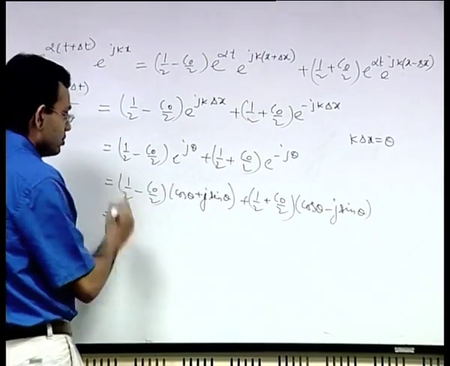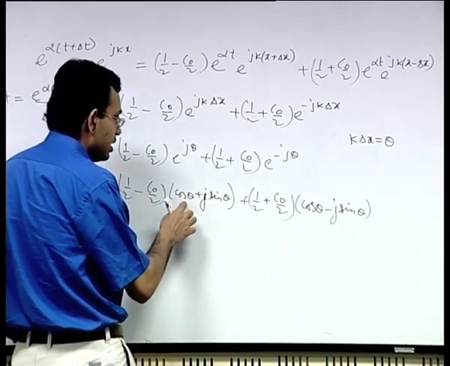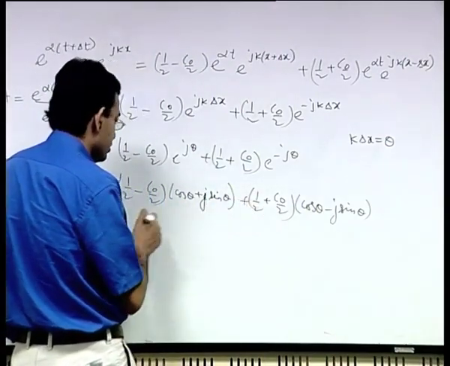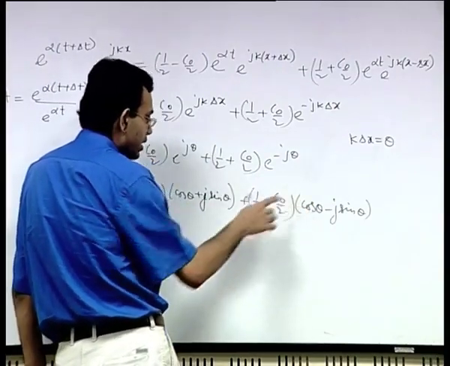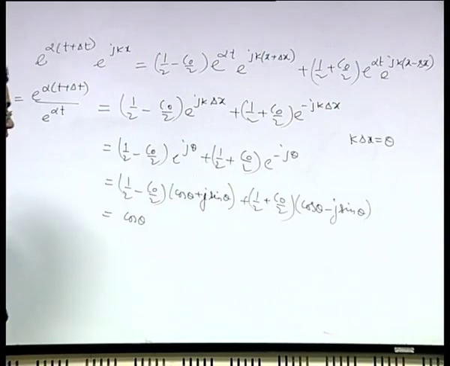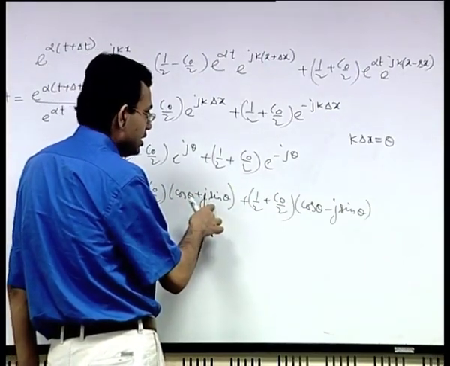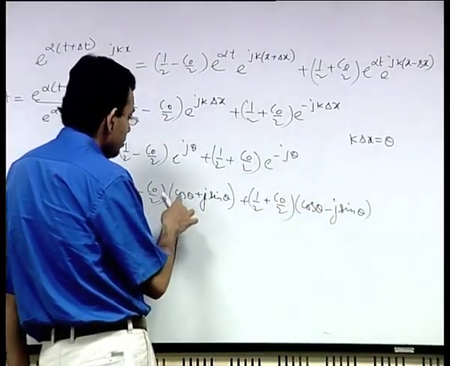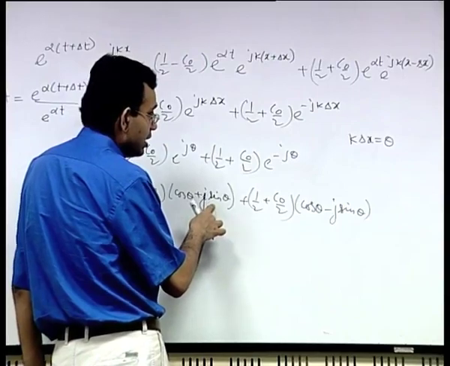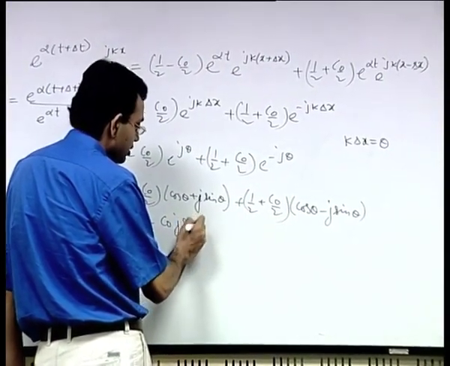So, you can write this as half cos theta plus half cos theta, so cos theta, minus Courant by 2 cos theta plus Courant by 2 cos theta. So, that cancels, and then half j sin theta minus half j sin theta cancels, minus Courant number by 2 j sin theta minus Courant number by 2 j sin theta. So, minus Courant number j sin theta.